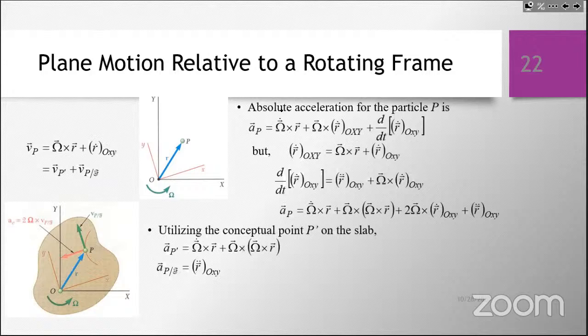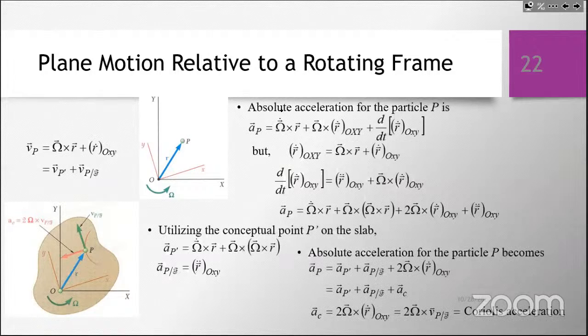Okay, and so there's one term that we haven't discussed yet. This is AP with respect to the rotating frame, so that's this guy right here. We've talked about this front part, but what is this extra piece in the middle? That is what we call the Coriolis acceleration, which is 2 times omega cross r dot.